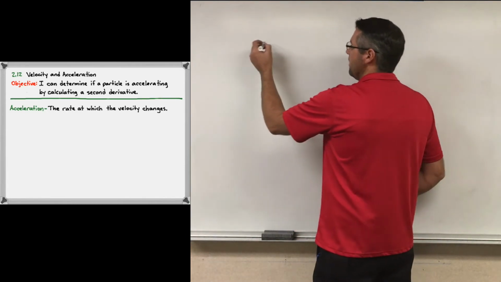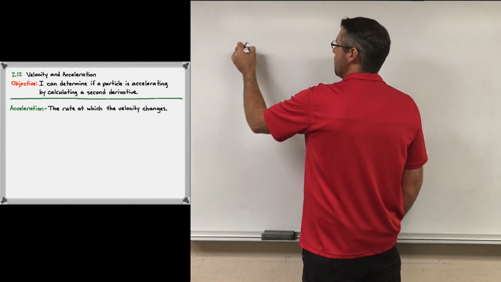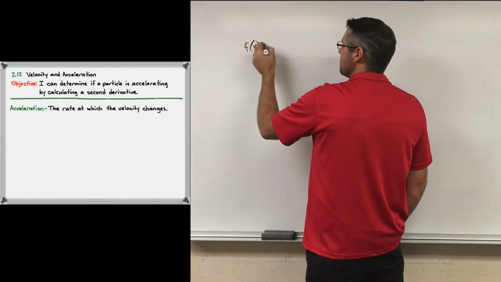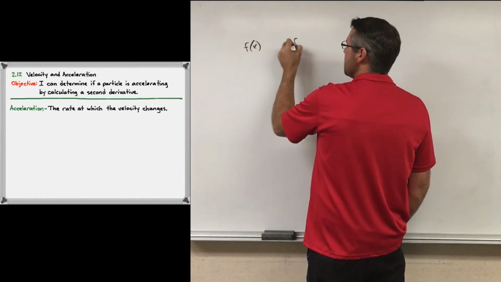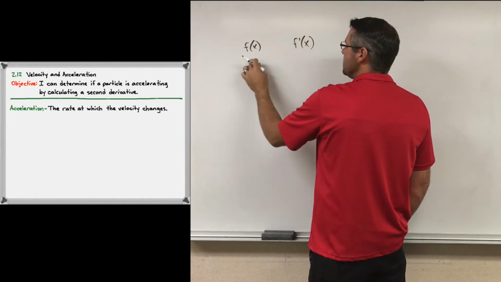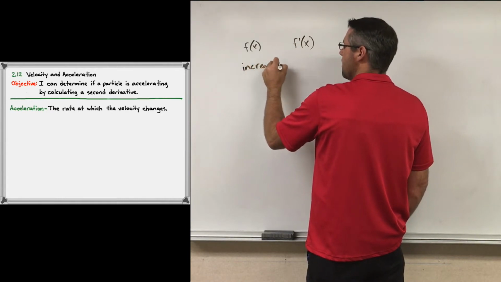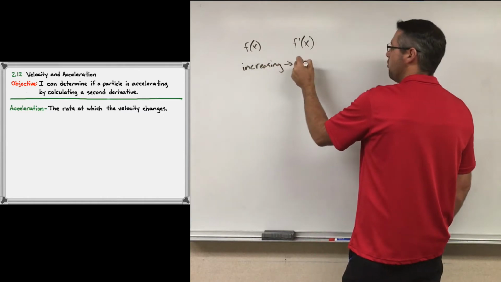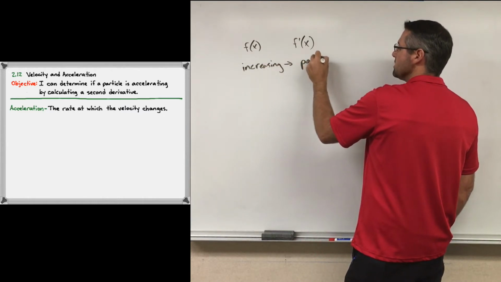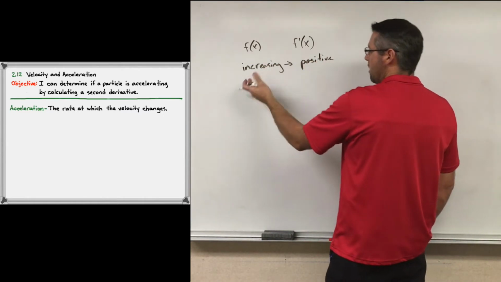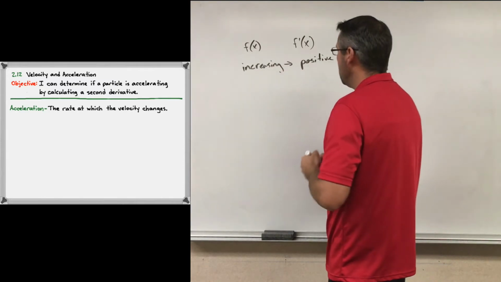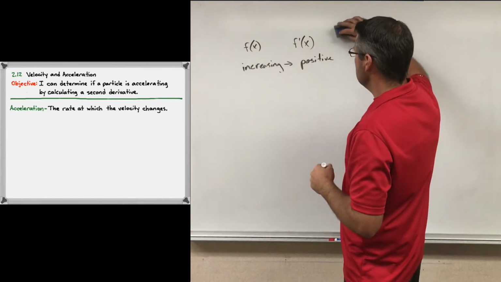When we say, for example, f of x versus f prime of x, we say when f is increasing, that implies that f prime is positive, okay? And also when f is decreasing, f prime is negative.